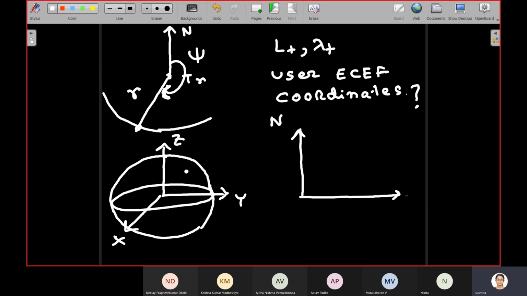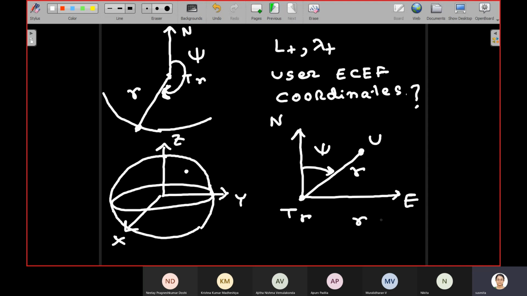So this is north at the transmitter, this is east at the transmitter, and let's say this is where the user is. The user can be anywhere, right? So let's assume the user is here with respect to the transmitter, and this is the bearing, psi. This is R. So what are the north and east coordinates of the user with respect to the transmitter?